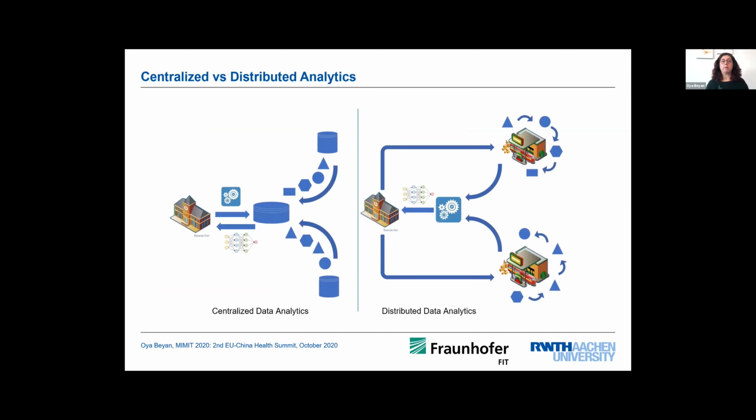So, just giving a brief idea about the difference between centralized and distributed analytics. As I mentioned, in centralized analytics, you put all your data into one location. Our metaphor of trains: rather than having a single location, you can create a train of algorithms. And this train can visit each data center. It can be a hospital, it can be a research facility.